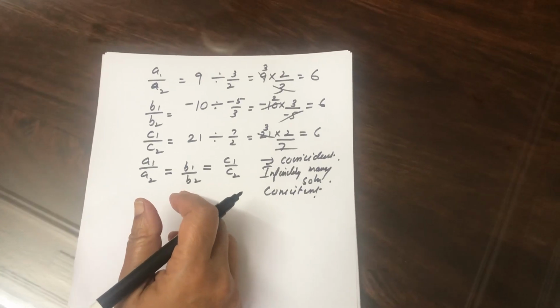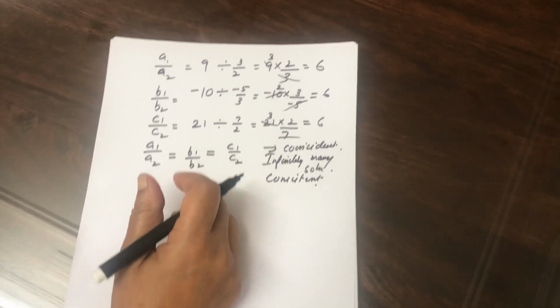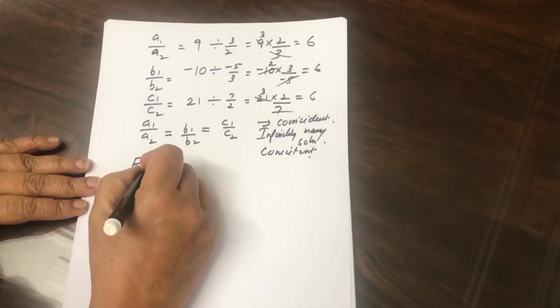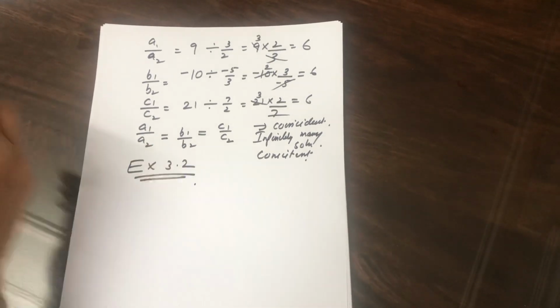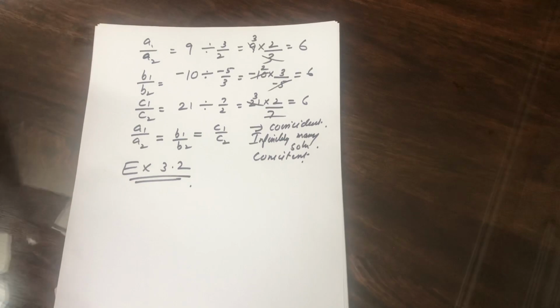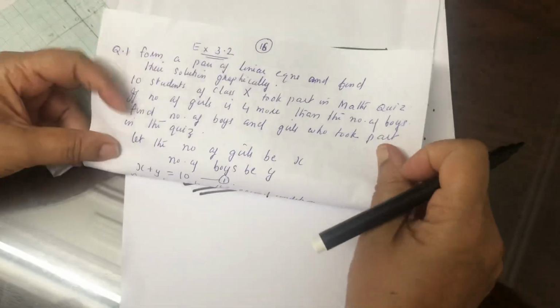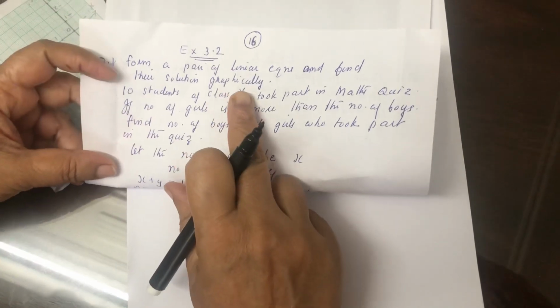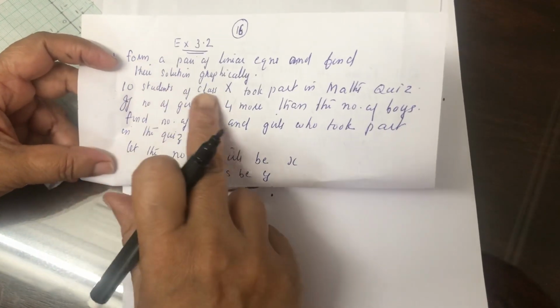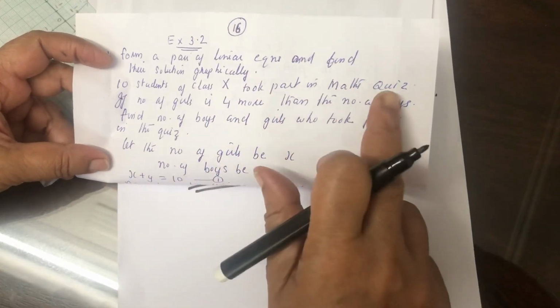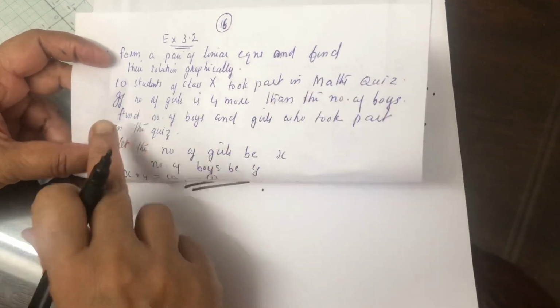Now the next is we are going to do exercise 3.2. See this question. Form a pair of linear equations and find their solution graphically. 10 students of class 10 took part in a maths quiz.